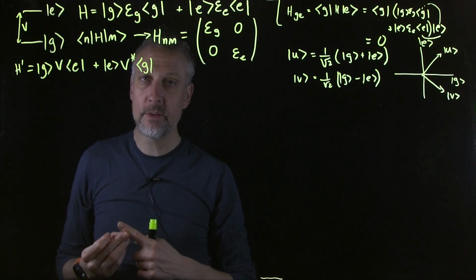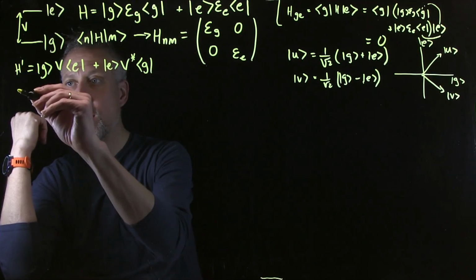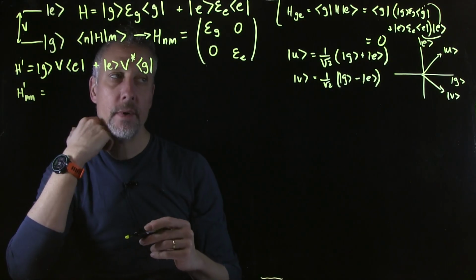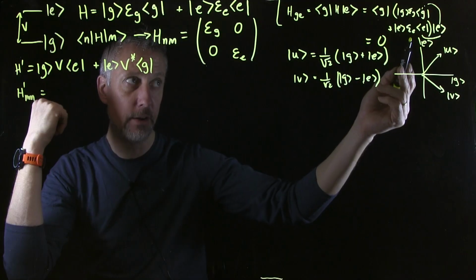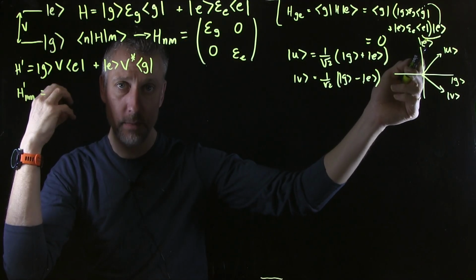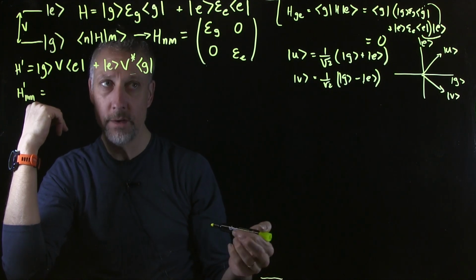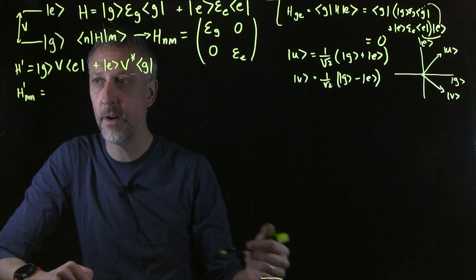Okay, so we can express H primed in this basis. So we would have H primed NM, right? And if we look by the same kind of manipulation that we did up here, where we found only diagonal elements, now we're going to find only off-diagonal elements. All right, so I'm not going to work through how that goes because it's exactly the same set of steps that you find here.